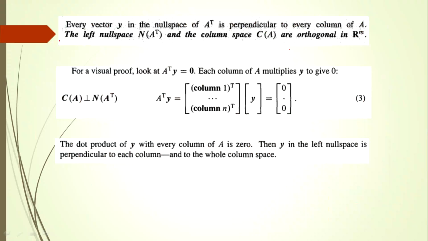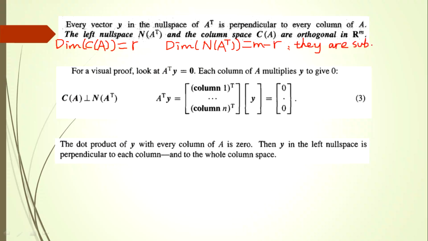So first, we know that the dimension of the column space is the rank r, from the fundamental theorem of linear algebra part 1. And the dimension of the left null space is m minus r. They are subspaces of Rm.